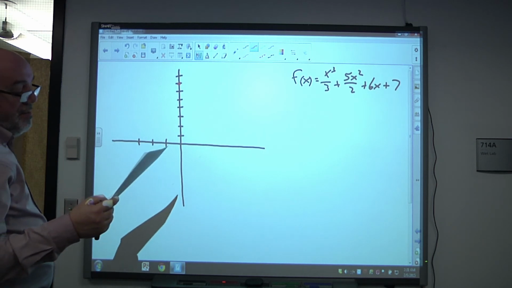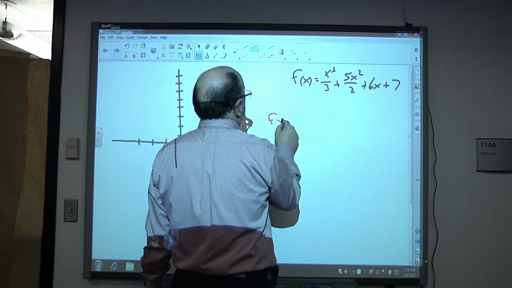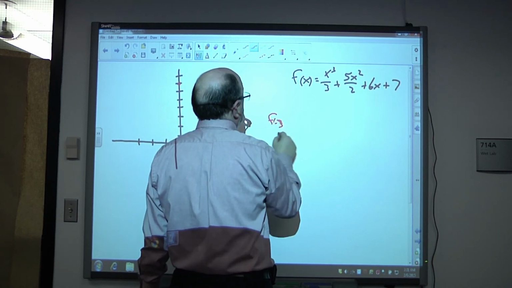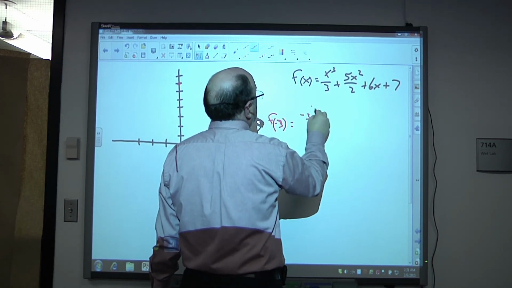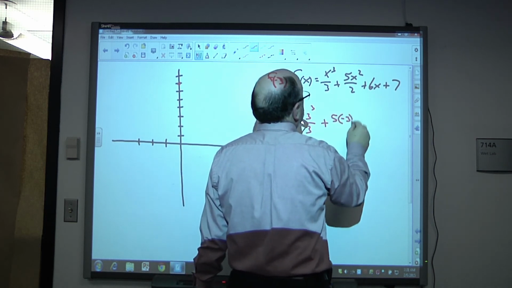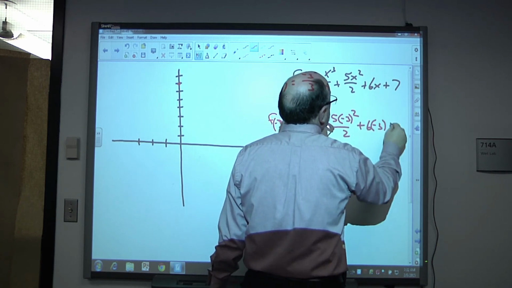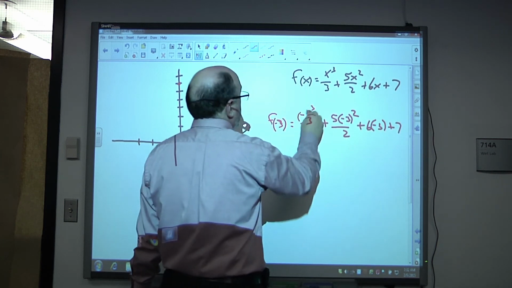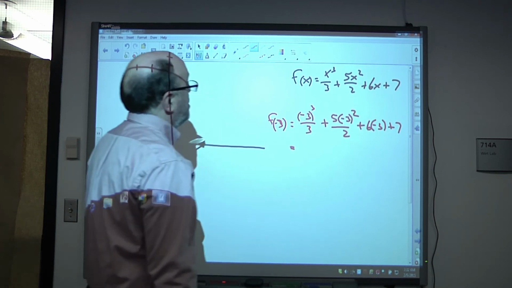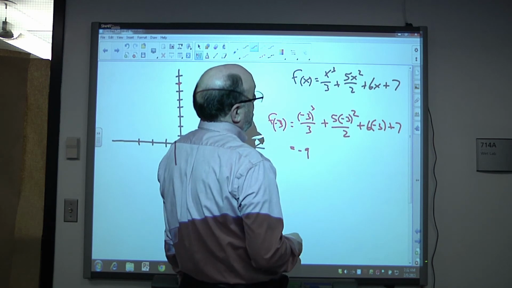And so we could come up with values here. f of negative 3 is negative 3 cubed over 3, 5 times negative 3 squared over 2, 6 times negative 3 plus 7. Negative 3 cubed is negative 27, over 3 will be a minus 9.